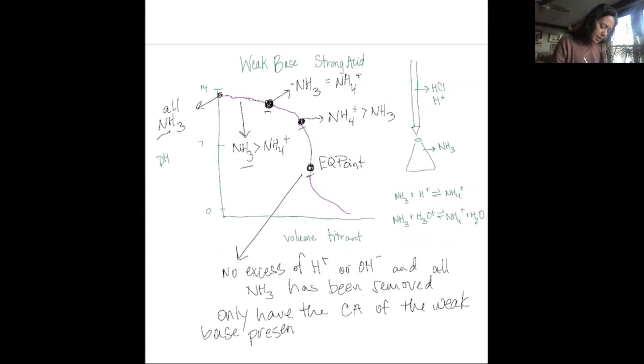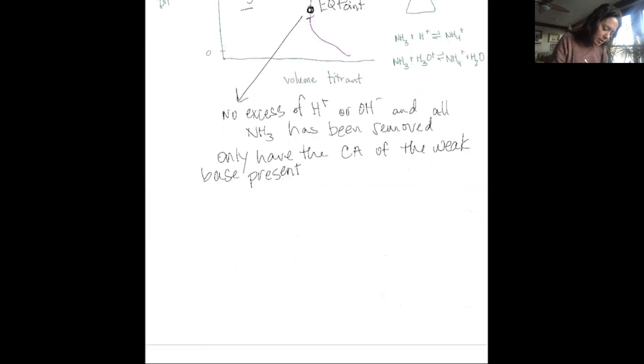And just as in the strong acid or weak acid, strong base titration, this conjugate acid will participate, if you will, in equilibrium with water, right?